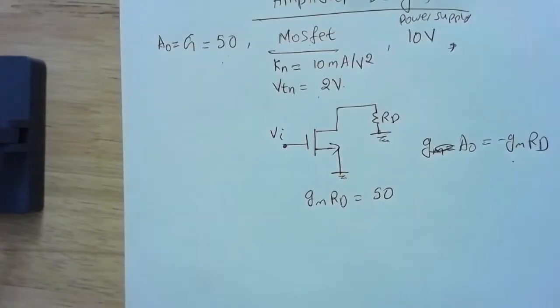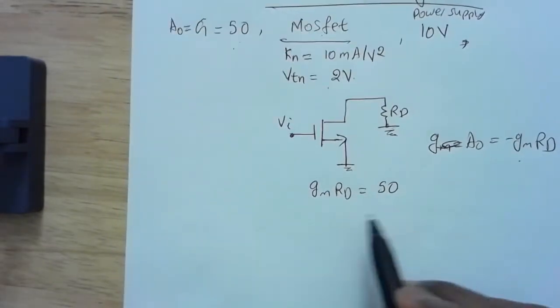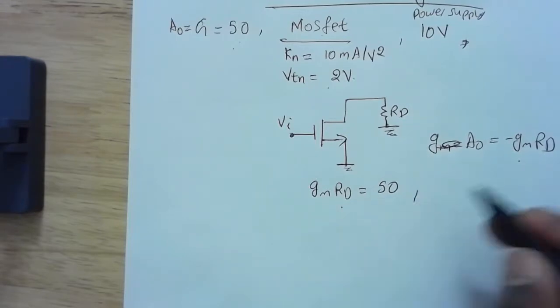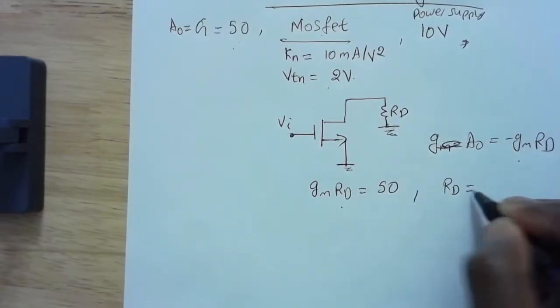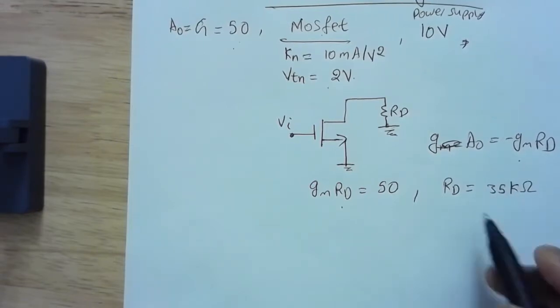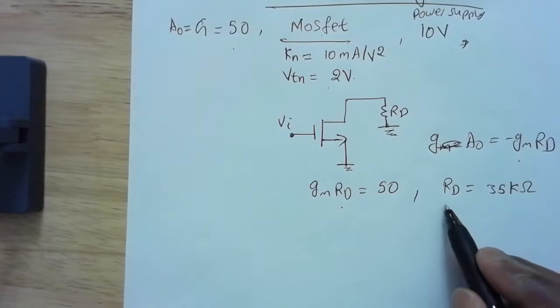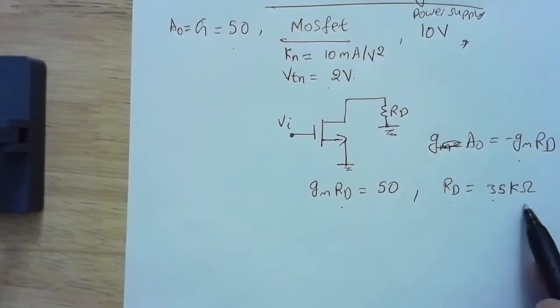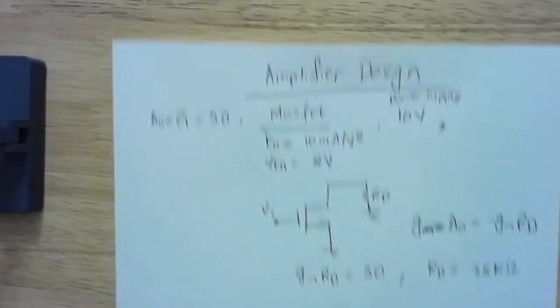Now there is a simple way of calculating RD, and we may get to that later. At this point, let's take RD to be, let's say, 35 kilo ohms. This choice is not very fixed. We have a lot of flexibility in choosing RD, and I chose 35 kilo ohms, and maybe at the end I'll talk about how to choose this too.